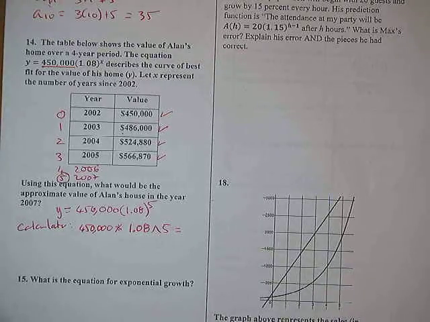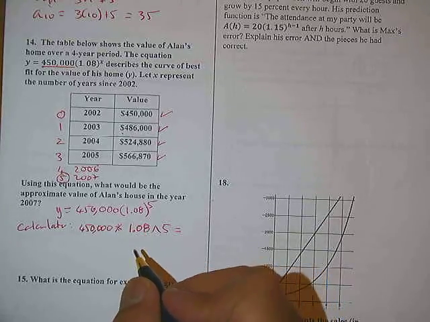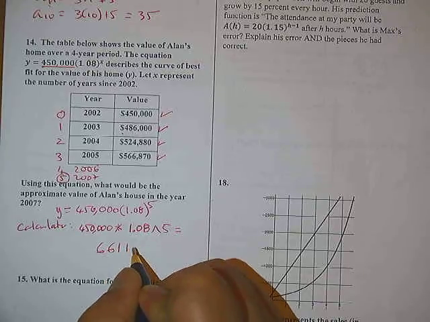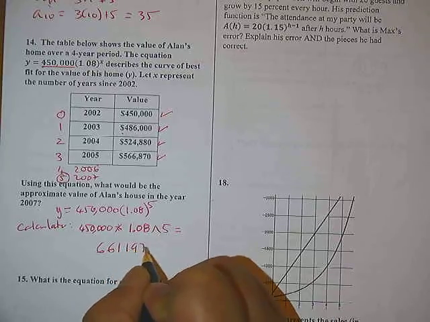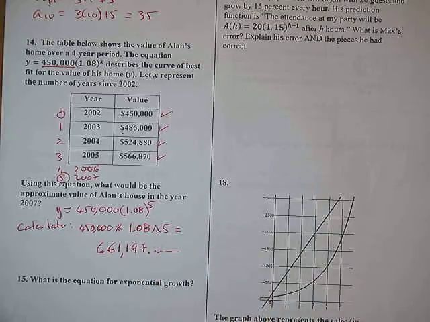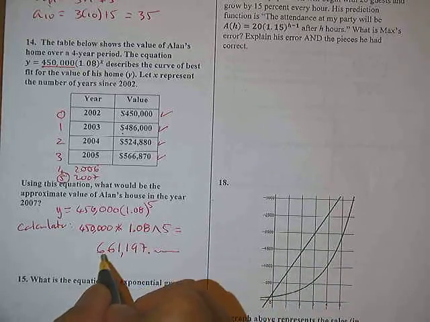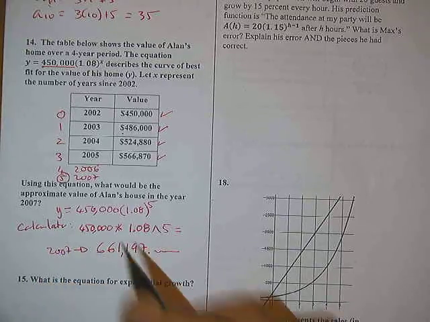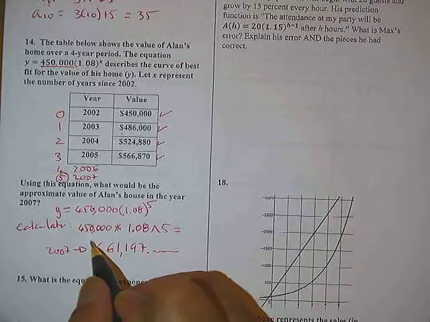So if you don't know how to do this in your calculator, it looks like this. It's 450 grand, and then you do the multiply. Now this is assuming your calculator follows the order of operations. Then 1.08, and then you do that caret thing, and that tells you it's an exponent. It's to the 5, and there it is.